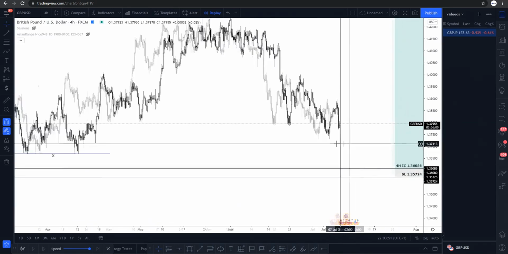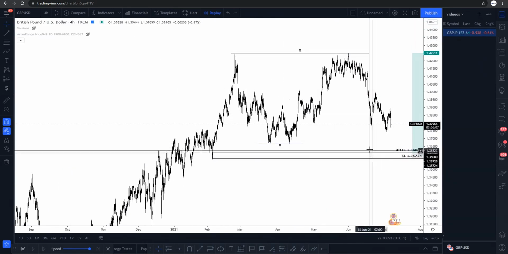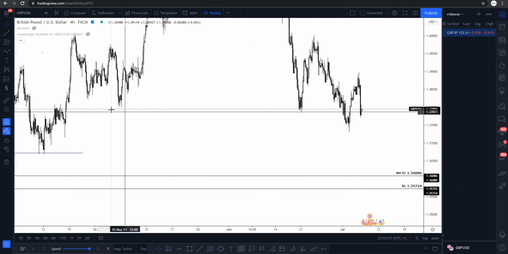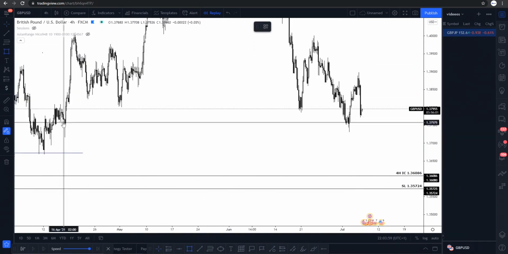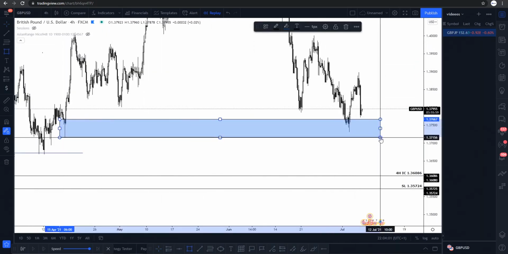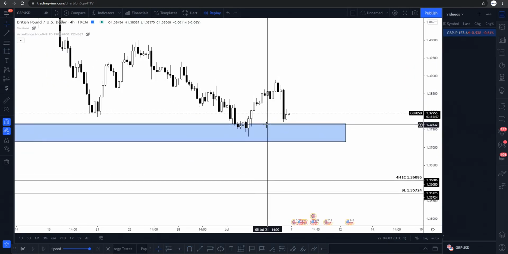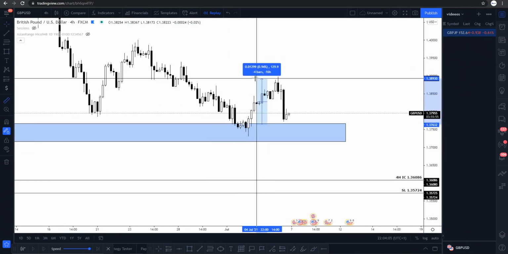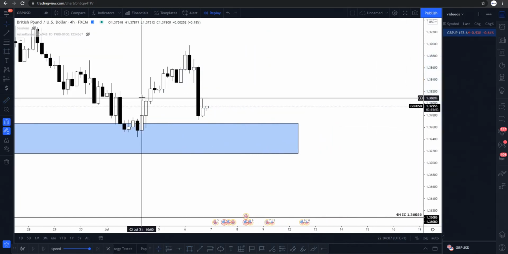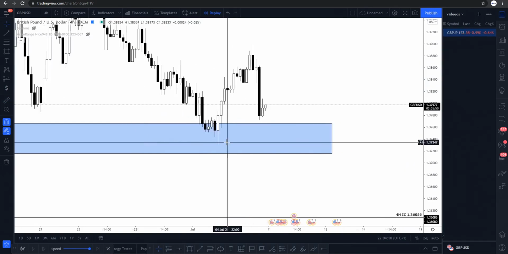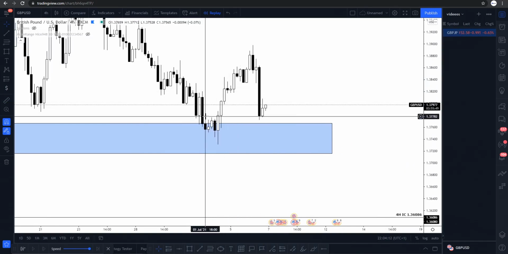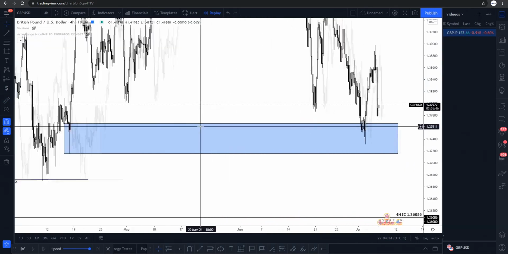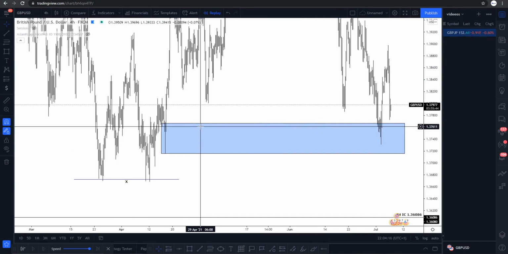Like another, for example, I'm waiting for GU to come all the way back down to here. Maybe it'll come down, maybe it won't, but right over here you can see that there's another IC that the market reacted off of. Look how much it reacted, about 129 pips, almost 130, and then it came back down. So really it's a good idea to look at these TQ zones, whatever you want to call it, intraday zones.